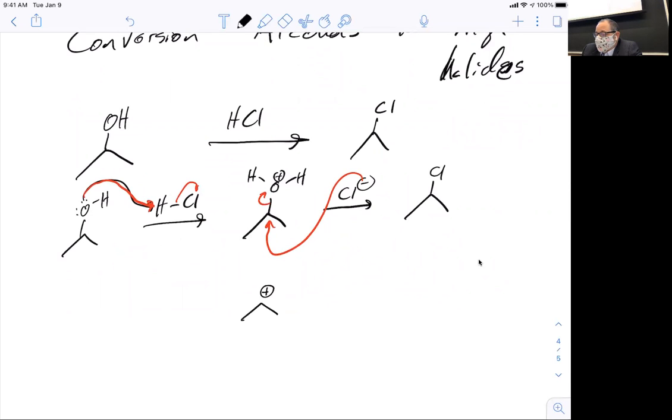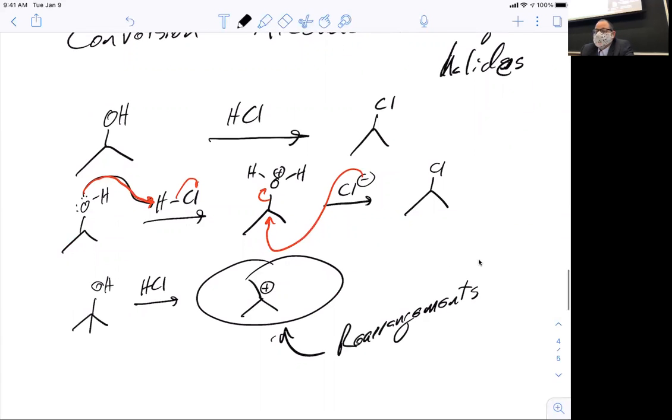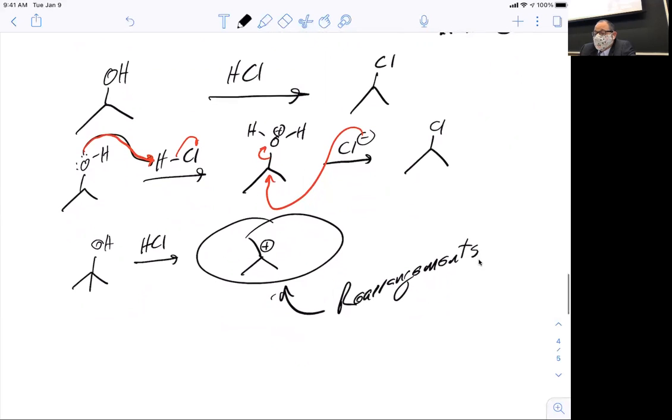If this had been a tertiary group. And this can give us rearrangements. The HCl also may be giving us possibilities where we have some complications.